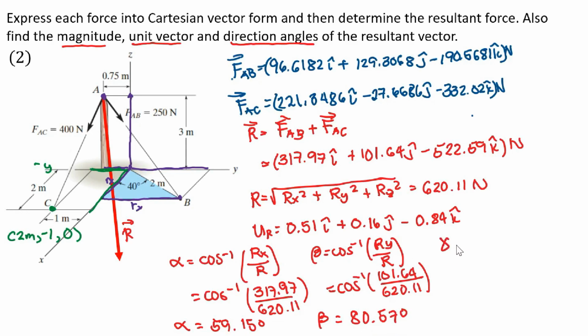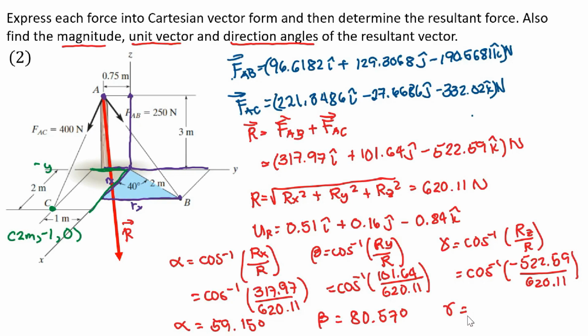And lastly, for gamma, that is arccosine of Rz over R. So that will be arccosine of negative 522.59 divided by 620.11.